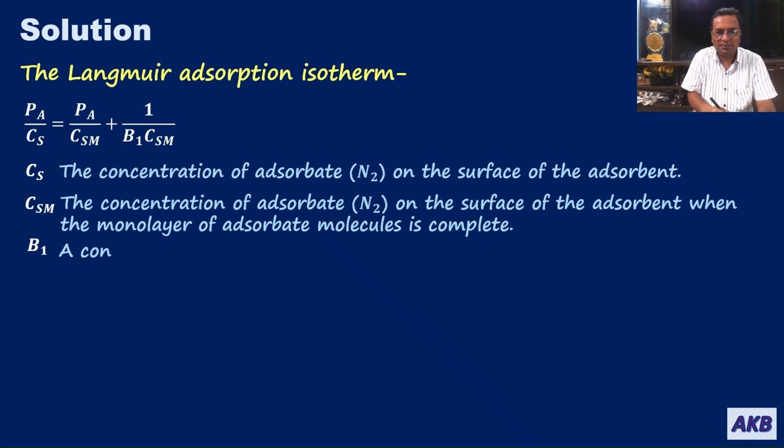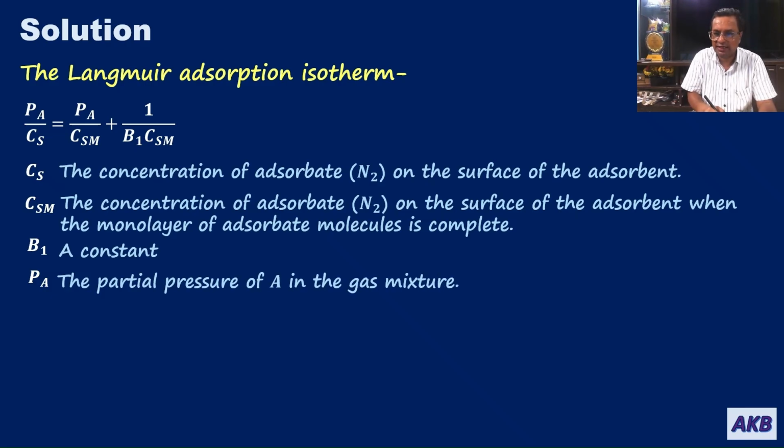That is Csm. Then B1 is a constant. Pa is the partial pressure of A in the gas mixture. In this case it is nitrogen, so it will be P of N2. I have used this notation.